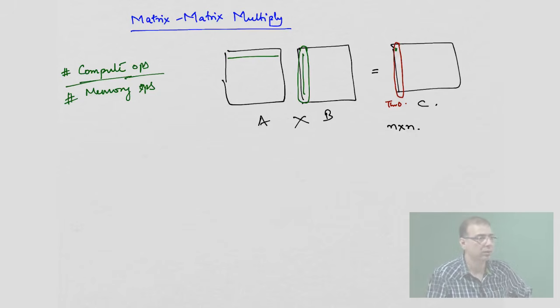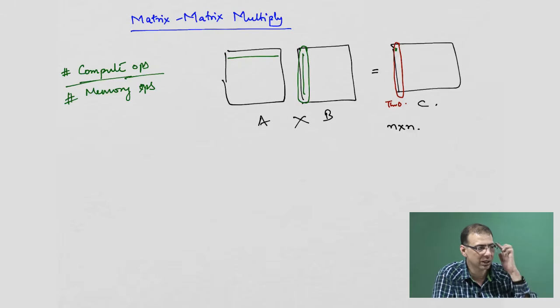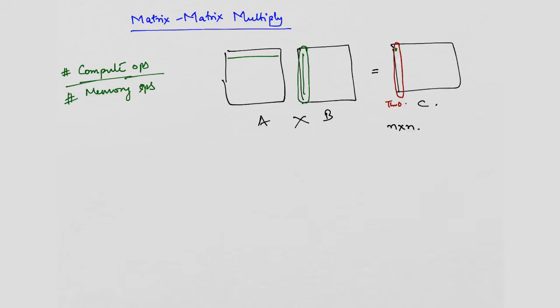Typically in processors you have much more computational capability than you have memory bandwidth. You may only be able to fetch one data element every 5 nanoseconds or something, but you can do computations every nanosecond, something of that sort. So you want to be doing more computations than memory accesses.